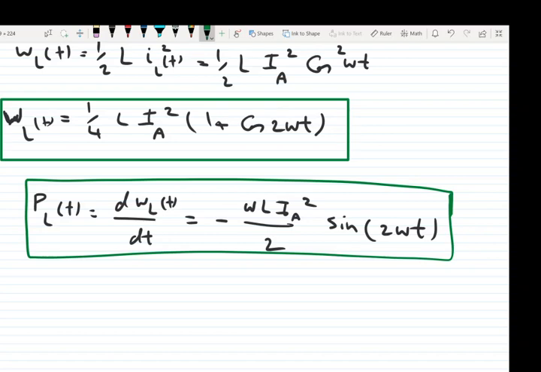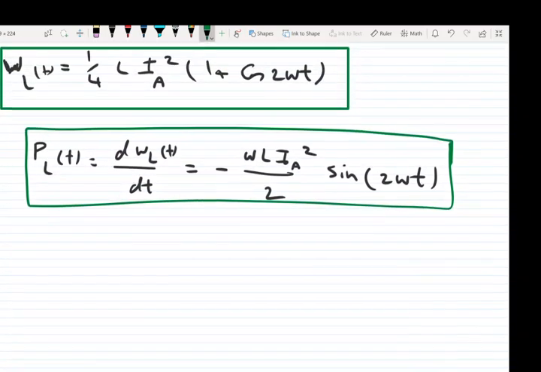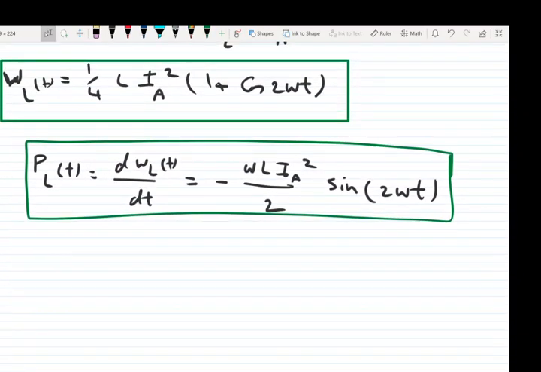We want to graph these two signals to see how they behave in an inductor. Let's graph power.